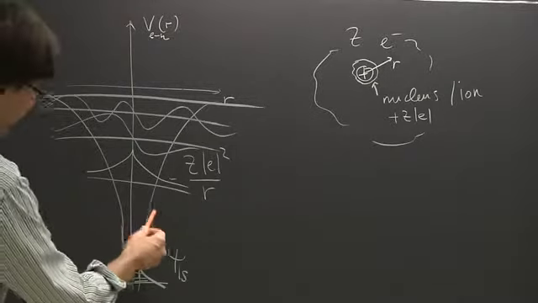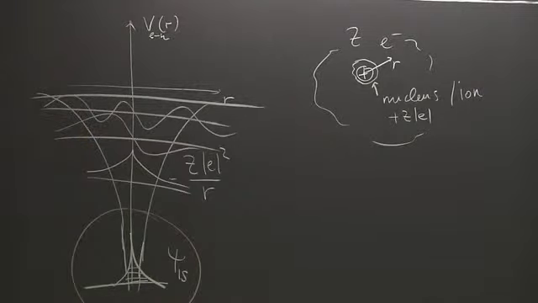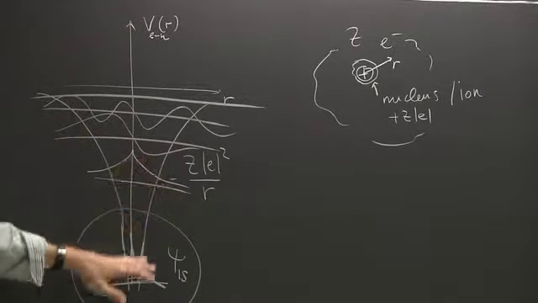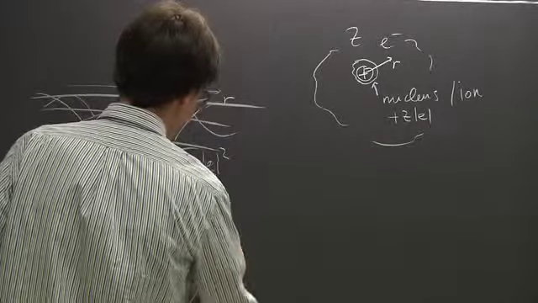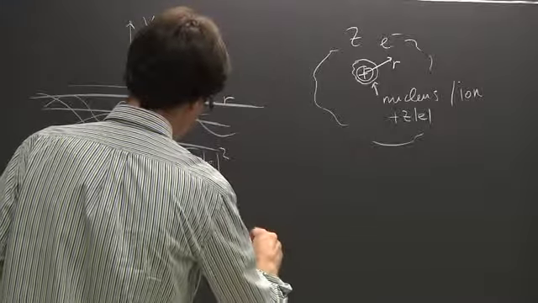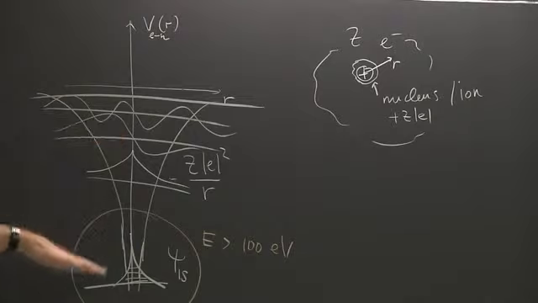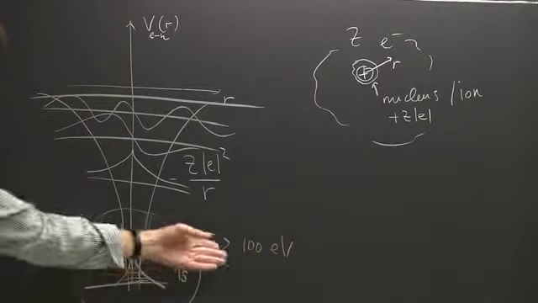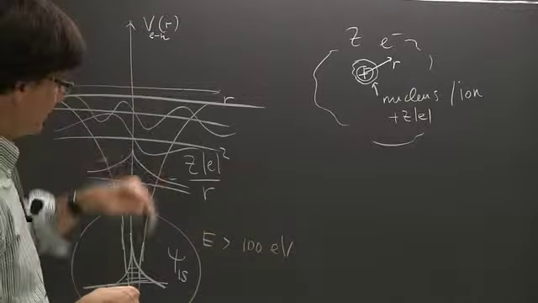And these are the states that I'm now highlighting, only one, but with this, I mean all the states that are very deep in energy, say at the binding energy, which is, say, larger than 100 electron volts. Okay? So depth with respect to the zero. So in absolute value, this energy is larger than 100, roughly speaking, larger than 50, 60, 100 electron volts in depth from the vacuum level.